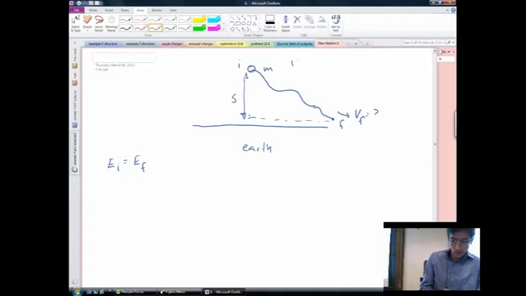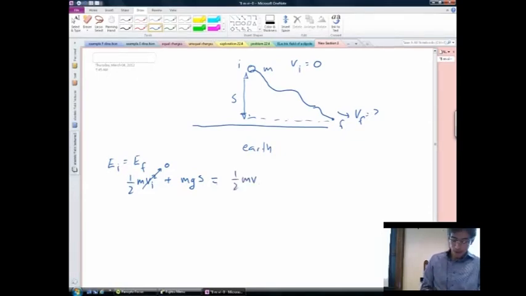Okay? So if we're starting with initial velocity 0, then the initial energy of the particle is 1/2 m vi squared, which is 0, plus the potential energy of the particle, which is mg. We're going to set the reference level to be the final point, so it will be s for the initial potential energy. And that should be equal to the final energy of the particle.